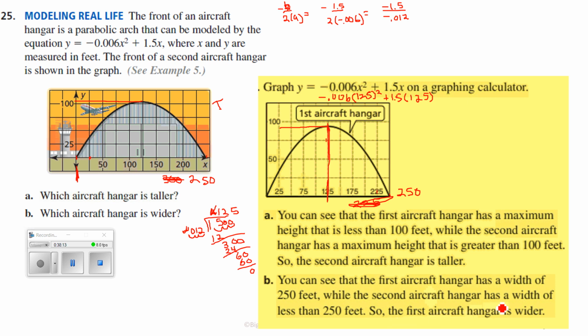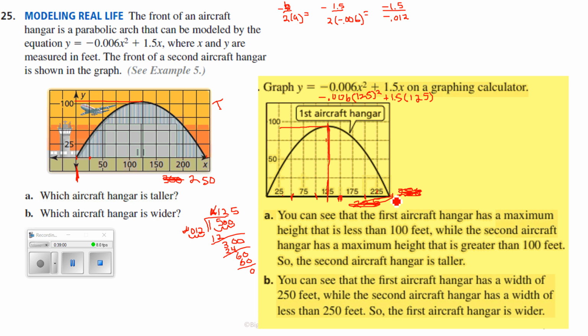Oh, okay, so the first aircraft, let me see what's going on here. You can see that the first aircraft hangar has a width of 250 feet, right? And it says the second aircraft hangar has a width of less than 250 feet. Okay, let's see what's going on. Oh, every one of these increments is just 25. Oh, embarrassing. So this would have been 25, 50, 100, 150, right? And two more would be 200.